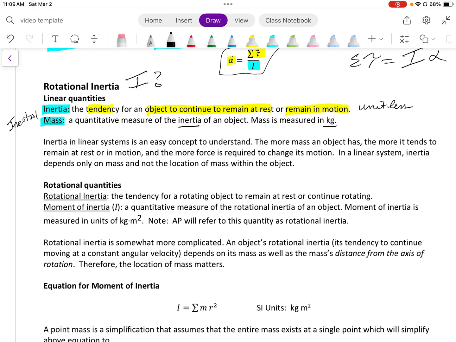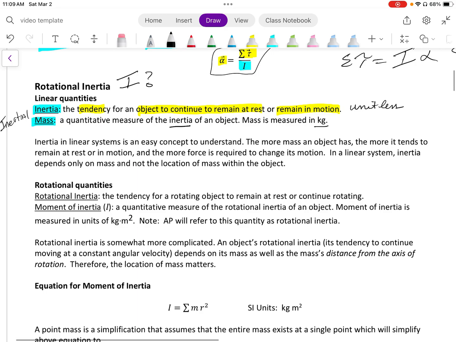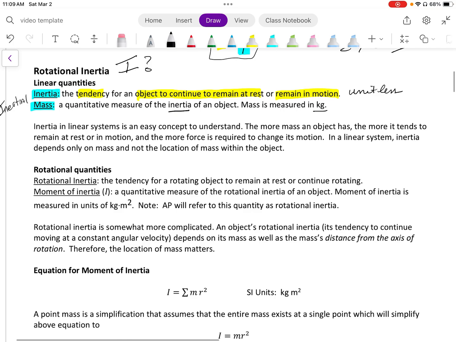Now let's talk about what that means. The inertia in linear system is an easier concept to understand. The more mass an object has, the more it tends to remain at rest or remain at motion, and the more force that is required to change the motion. In a linear system, inertia depends only on the mass and not the location of the mass within the object.